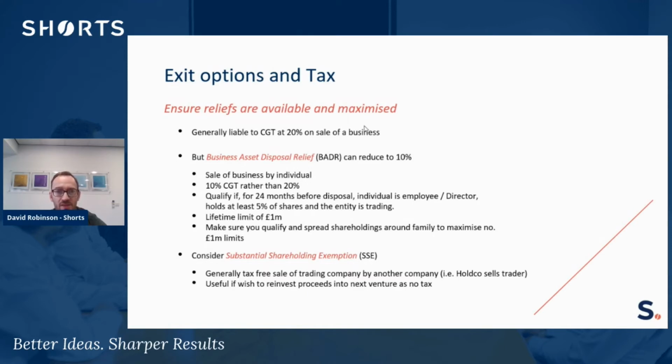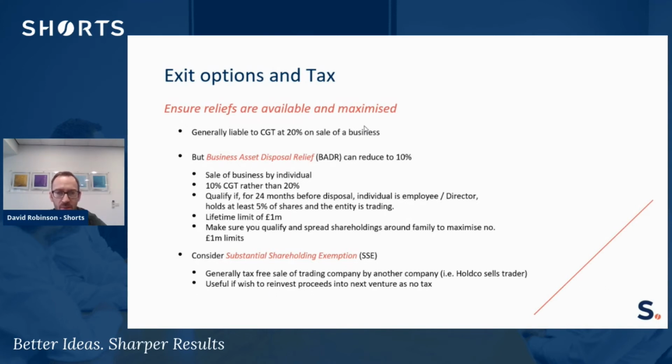One of the planning things that we look at regularly is to try and share ownership around family or friends or other business partners, to make sure that you have lots of different £1 million lifetime allowances to maximise that relief. The final bullet point on there, something that's slightly less known, is something called a substantial shareholding exemption.